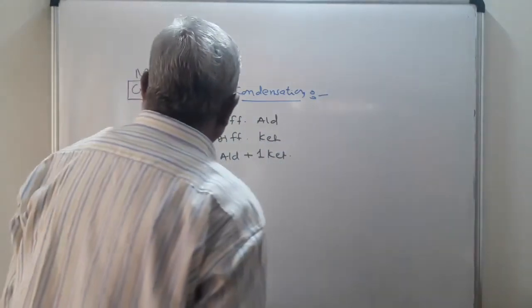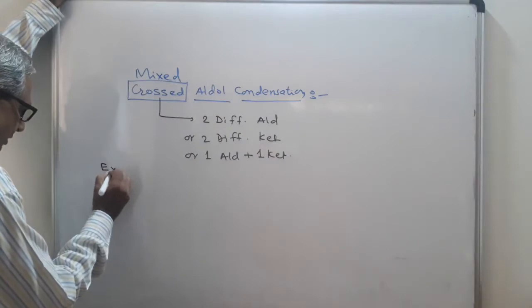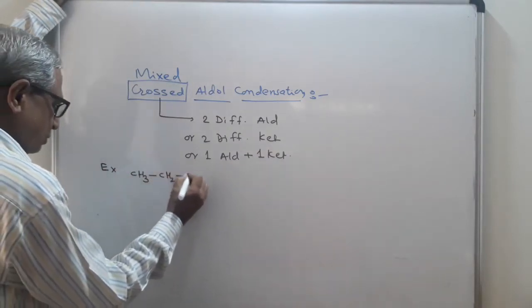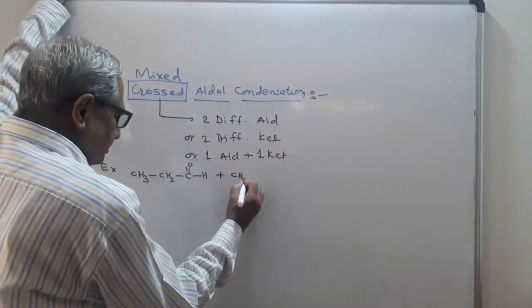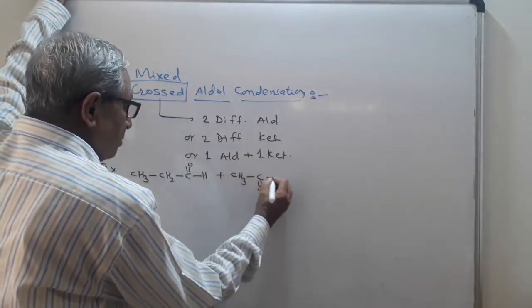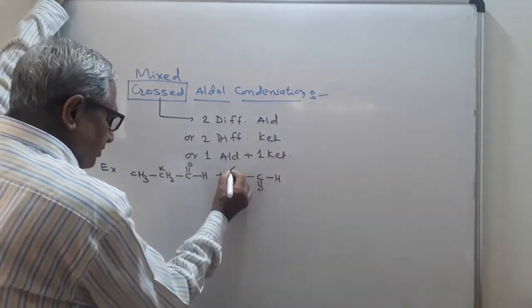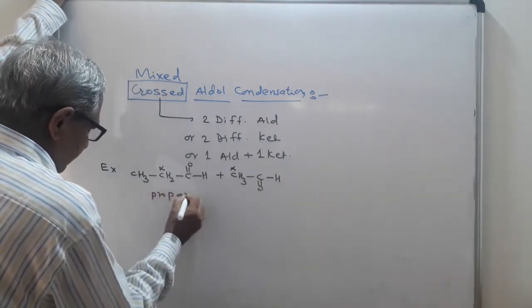See the example here. CH3CH2CHO plus CH3CHO. This is your alpha carbon, and this is your alpha carbon. This is known as propanal, also called propionaldehyde.